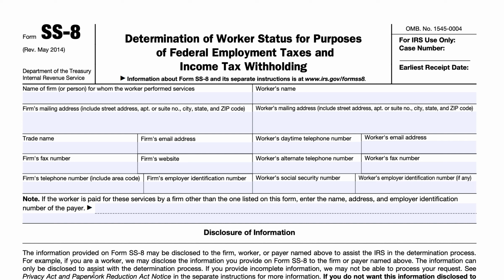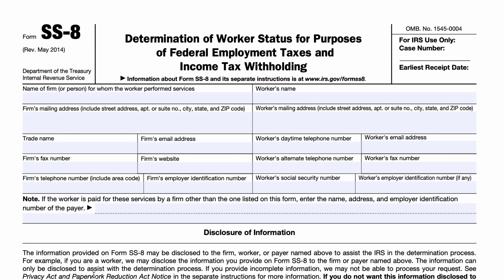So this is a 4-page tax form, and either a worker at a company or a firm, using the terms that the IRS chooses to use, which is worker and firm, either the firm or the worker in question can complete and submit this form to the Internal Revenue Service with the expectation that the IRS will make an independent determination on whether or not this person is to be classified as an employee or as an independent contractor.